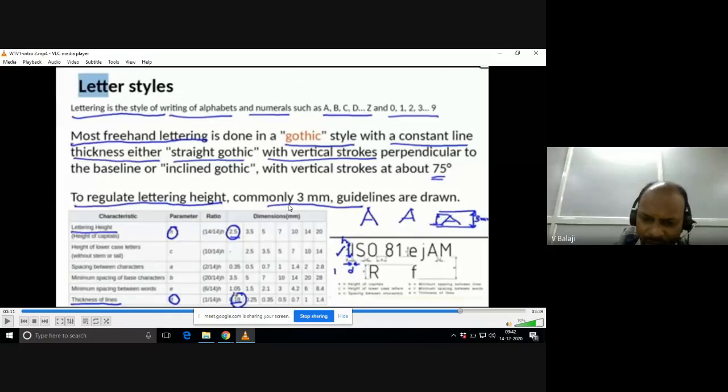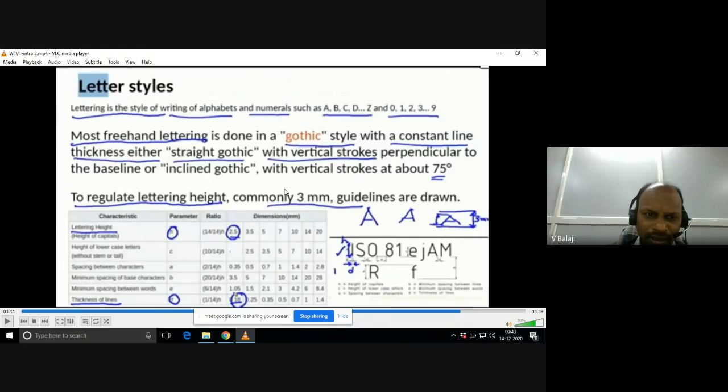Whatever you write on the drawing sheet, you have to maintain minimum standards. Whenever you write something, it reflects some standard, maintaining some height and width. No need to write exactly as per the standard, because it takes a lot of time. We need to avoid unnecessary things.